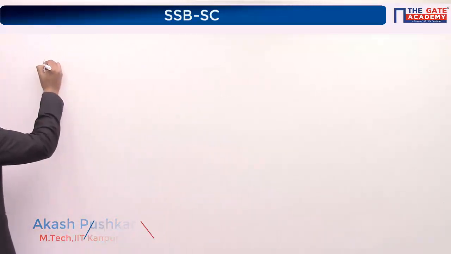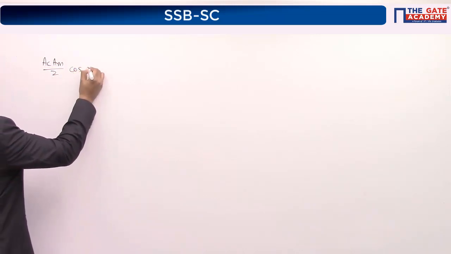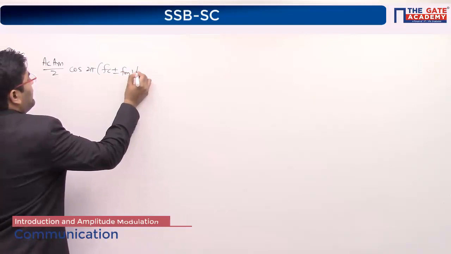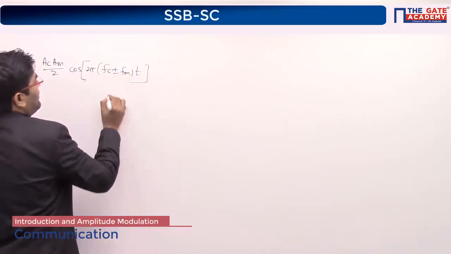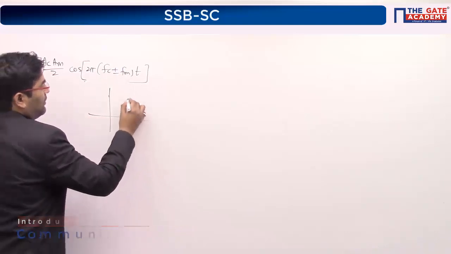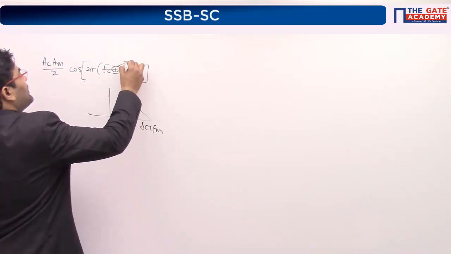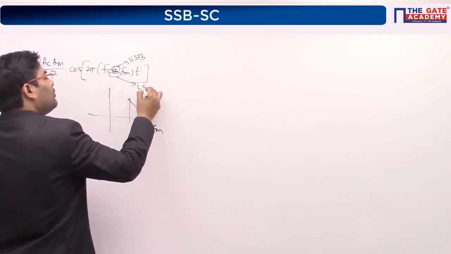My point is plus is lower sideband and minus is upper sideband. I guess he missed when I started from that point. Let me write again. If you see A_c m/2 cos 2 pi (f_c plus minus f_m)t. Brother, you know that upper sideband means what? f_c plus f_m. So here plus is upper sideband, no problem. And minus is lower sideband, no problem.